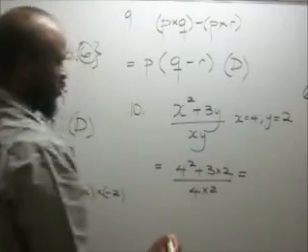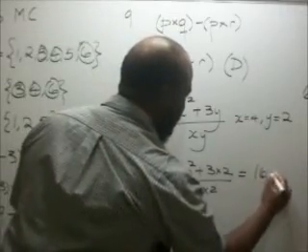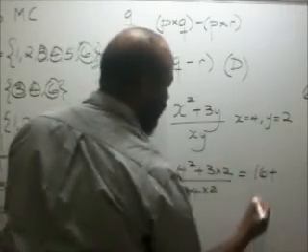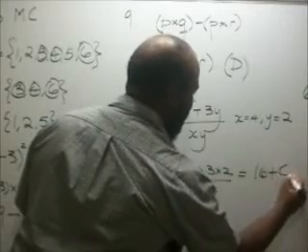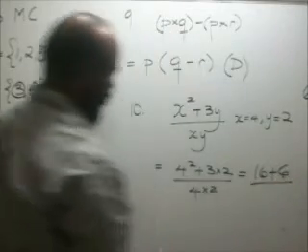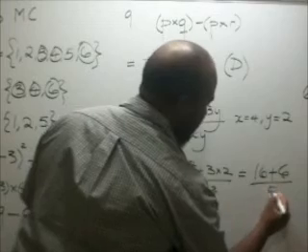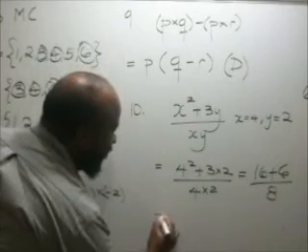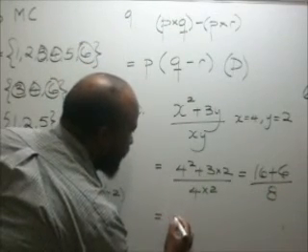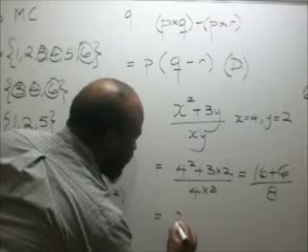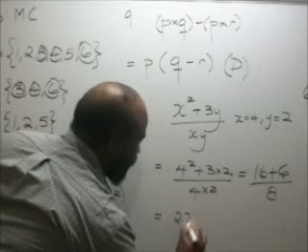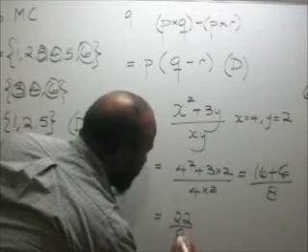So what we have here is 4 squared is 16, plus 3 times 2, which is 6, all over 4 times 2, which is 8. That is equal to 22 over 8.